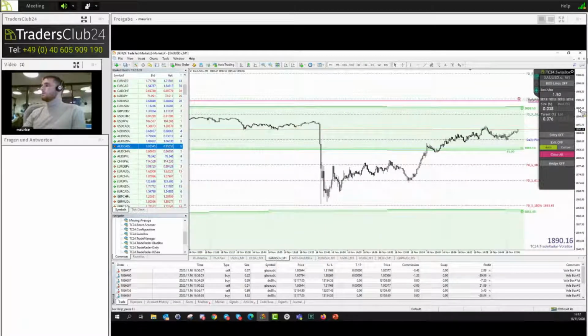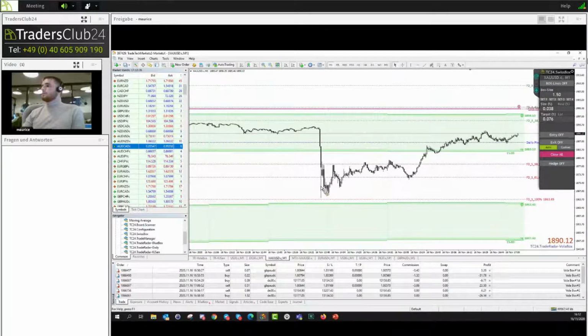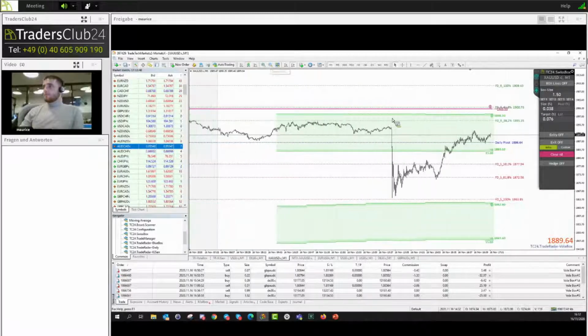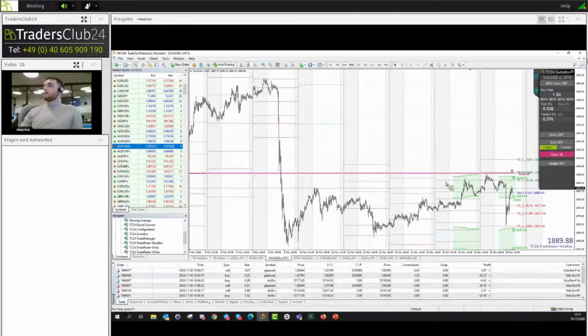Take a look at gold. Again, gold is slowly making its way back up to where it was earlier on today. Just had a sharp fall due to the new vaccine announcements.